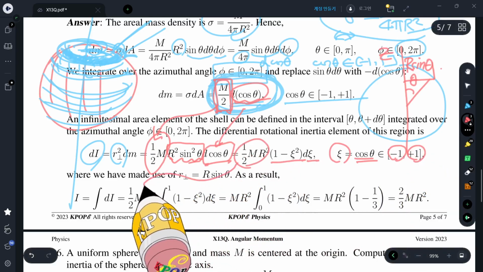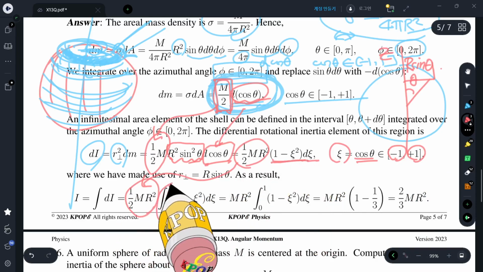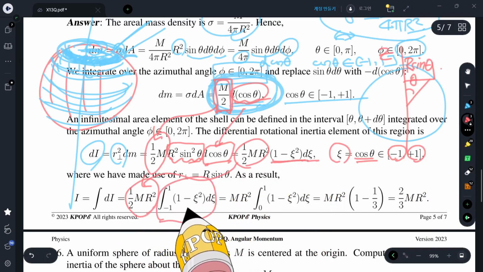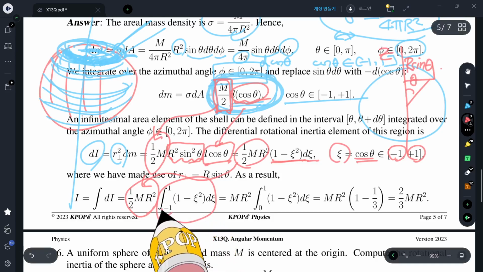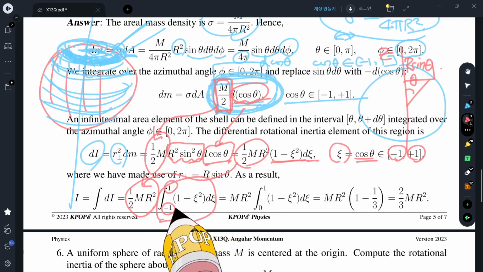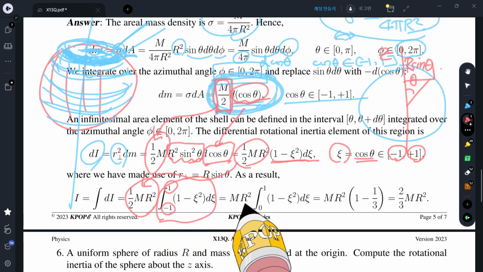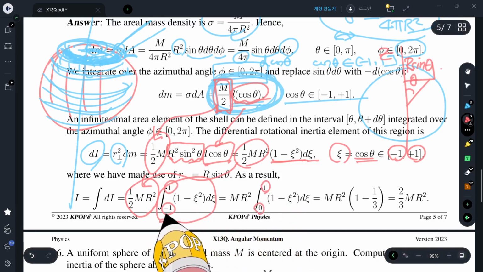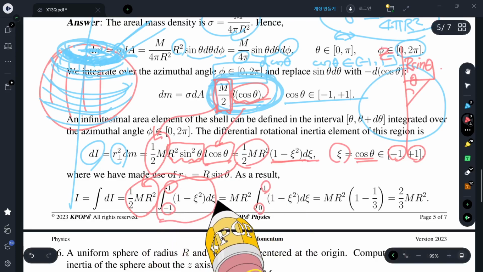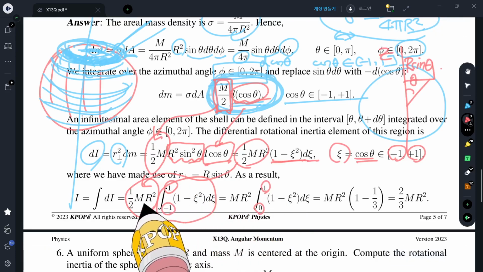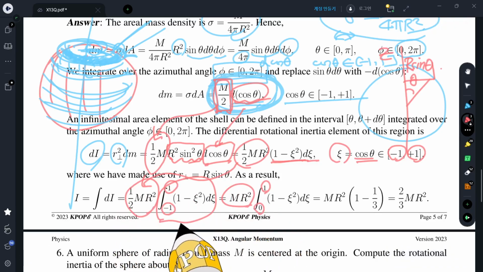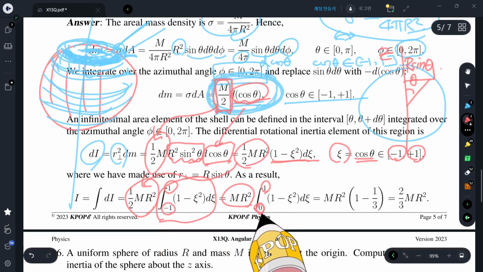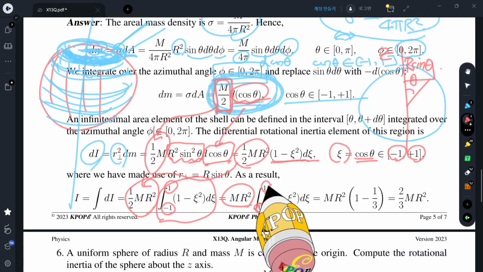Copy everything together and carry out the integral. We find that this integrand is an even function, and our range of integration is symmetric. So I multiply by a factor of 2 and integrate over the positive region only.